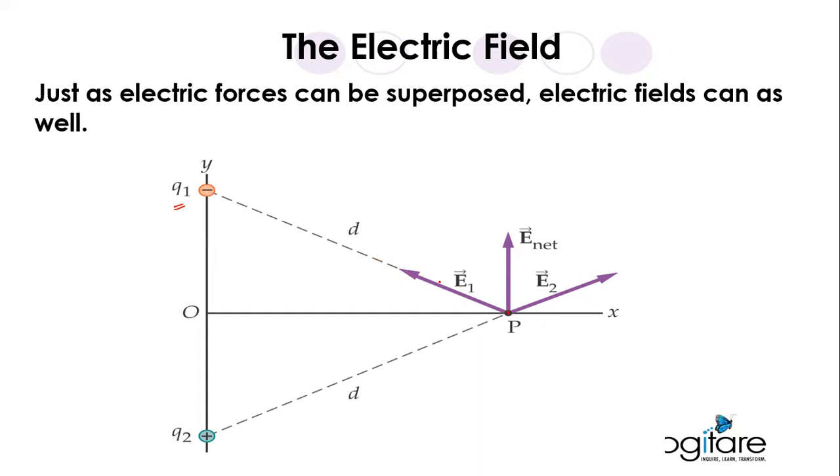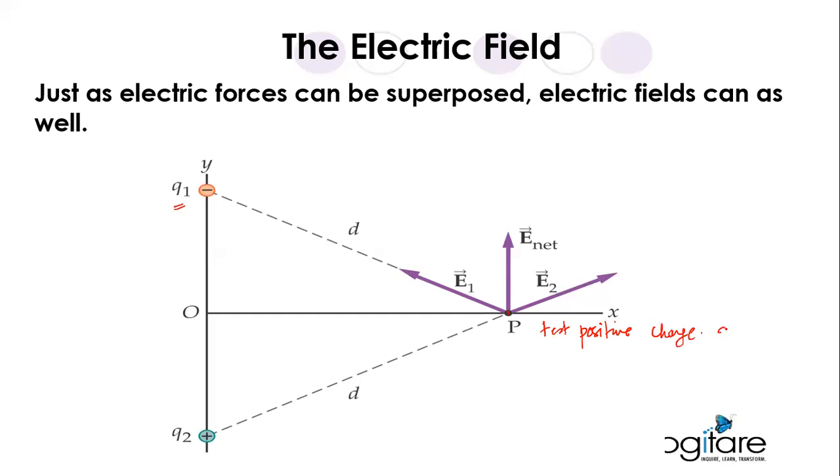That's why you have E1 along this. Okay, and if you forget Q1, you take only Q2, you will say that at P, the field is this direction. Because here you'll always put a test positive charge. So wherever you want to find the electric field, you will put a test positive charge.